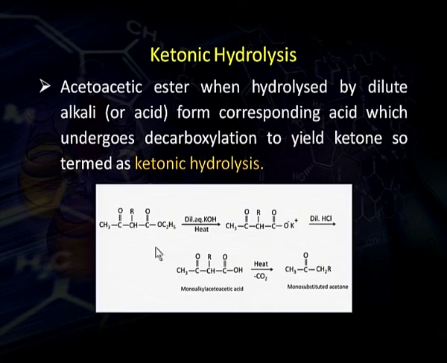This alkylated acetoacetic ester, upon hydrolysis with dilute aqueous alkali, forms the potassium salt, and this upon acidification with dilute acid forms monoalkyl acetoacetic acid, and this, upon heating, loses carbon dioxide and gets converted into a monoalkyl substituted ketone.